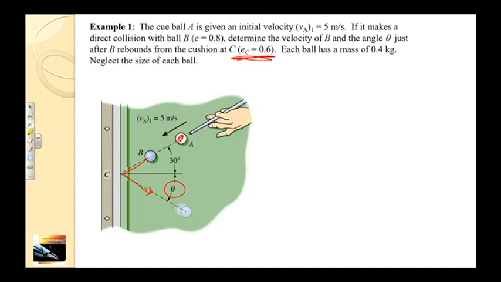Once B hits the cushion at an angle, that's what we're talking about today. So, part one, A to B. This was last lecture. This is a collinear direct impact.